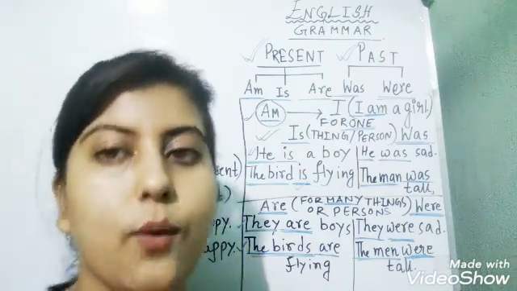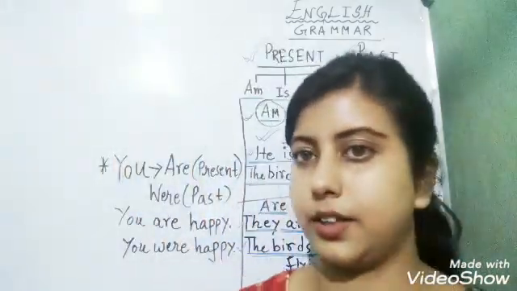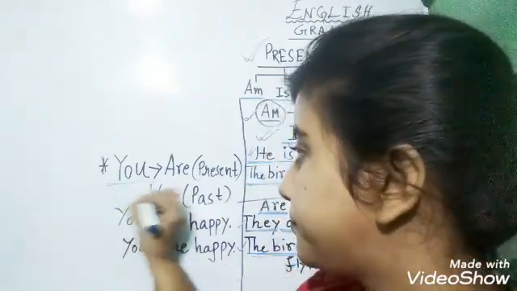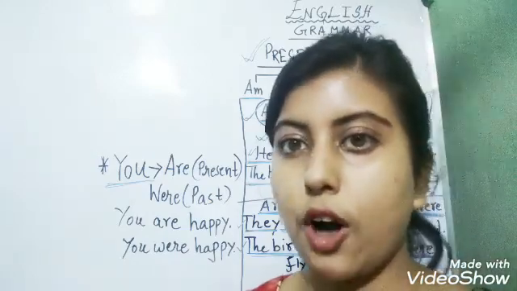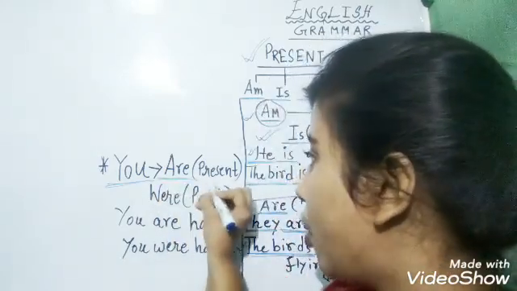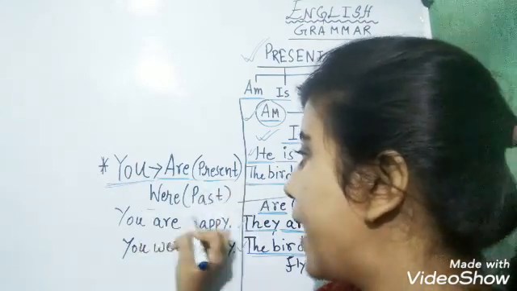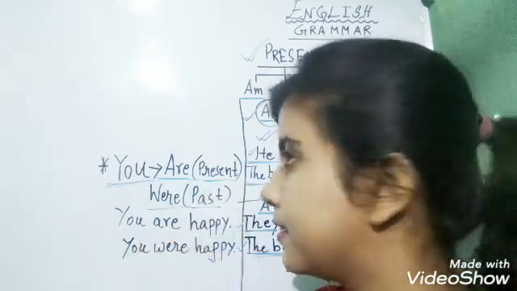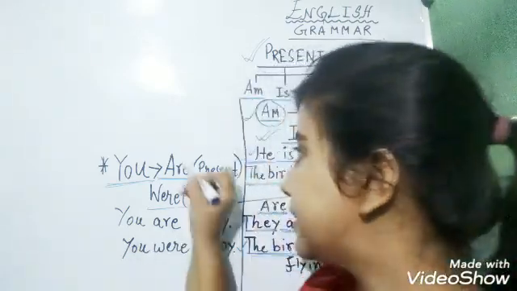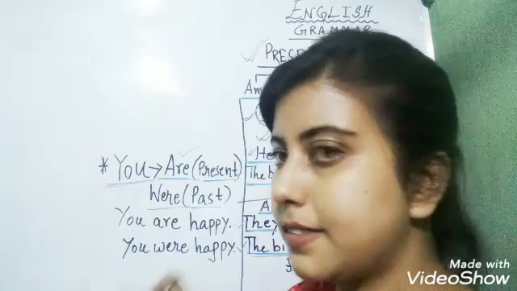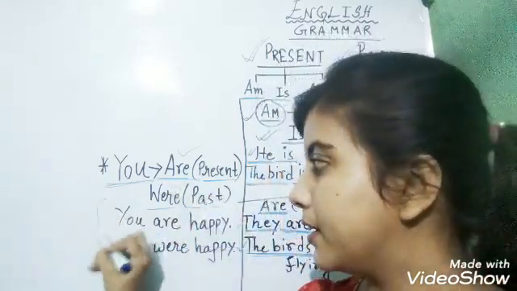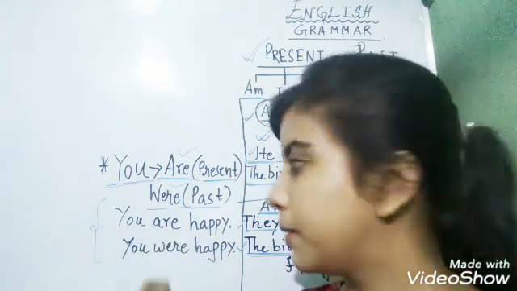Now children, you have to remember another thing. That is the use of you. For you, we will use are for present tense and were for past tense. I have written two examples.